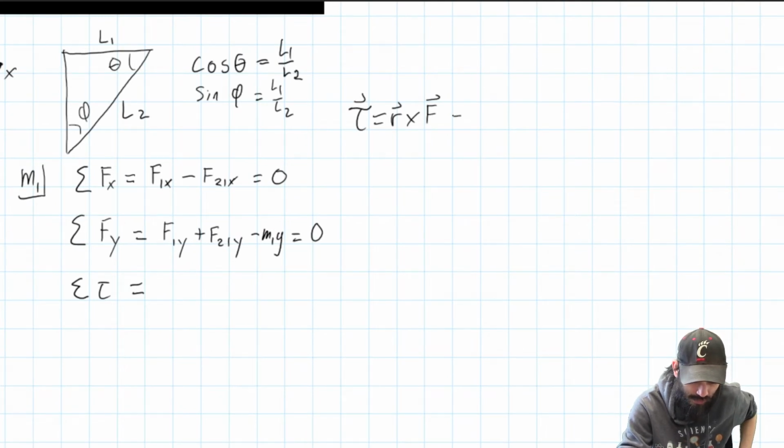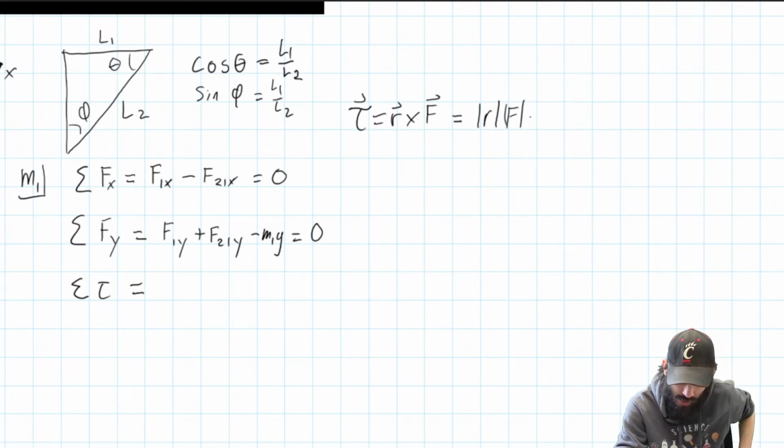It can be equal to the magnitude of R times the magnitude of F times the sine of the angle between them times n hat, or in Cartesian coordinates, Rx Fy minus Ry Fx times n hat. Okay.